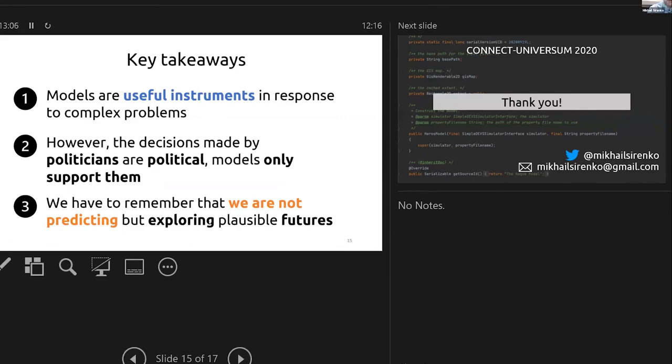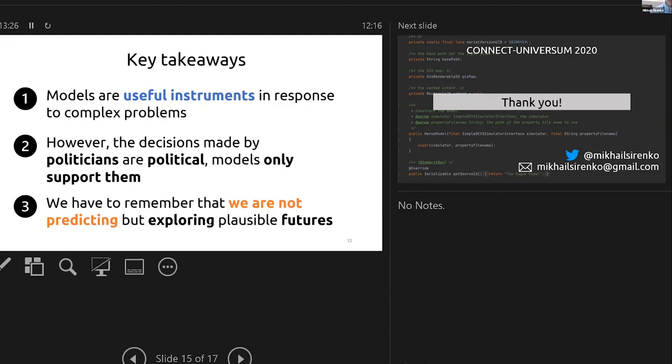But I wanted to stress that models provide you with insight into what could be, but the decisions are given to politicians, and it's always a political decision. Politicians are driven by the interests of many parties, and it's much harder to just give some numbers and argue, okay, this is what could happen.